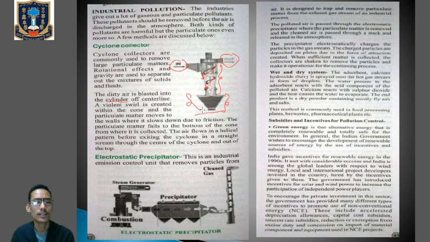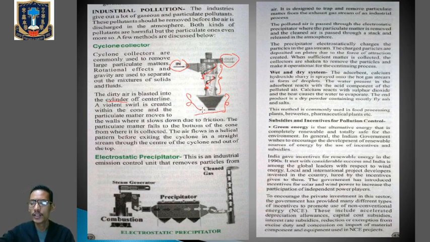So simple. Okay, cyclone collectors are mainly used to remove the large particulate matter present in the air. It works on the principle of centrifugal force or rotational movement. So what I mean is that through the inlet, the air with large particulate matter will enter inside the cyclone collector.